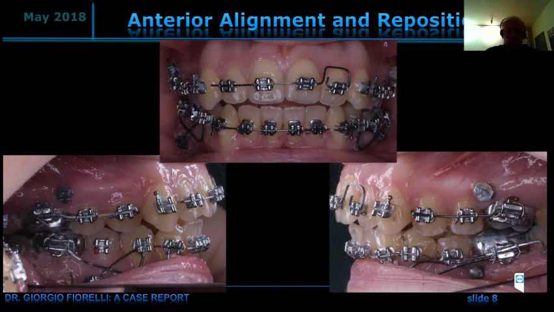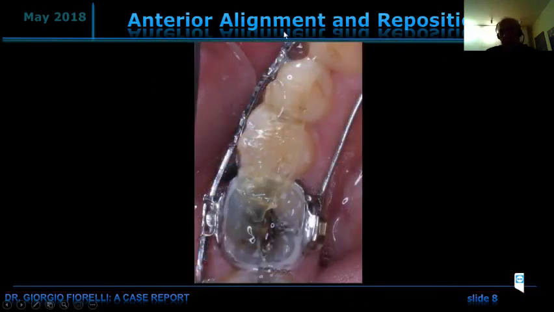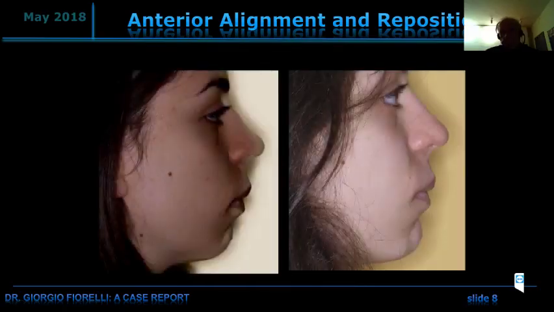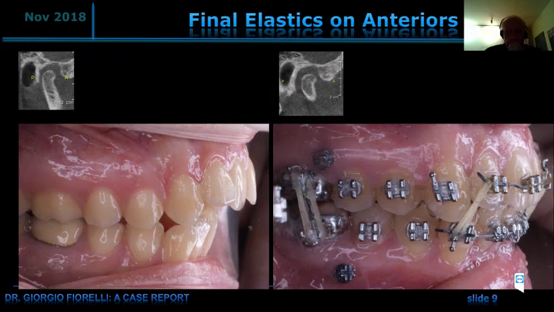With intrusion, I've closed a lot this. And using this Tri-Gel, I also control the sagittal of this patient. This is the Tri-Gel. This has to do with repositioning. The profile improves and we get close to a class 1.